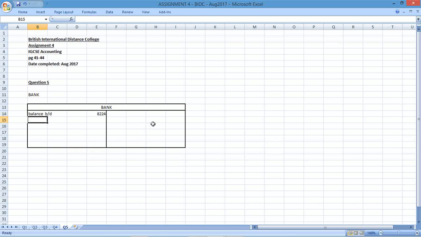And then they told us the bank statement balance, which is the bank reconciliation, so let's write that down. Bank balance as per the bank statement.